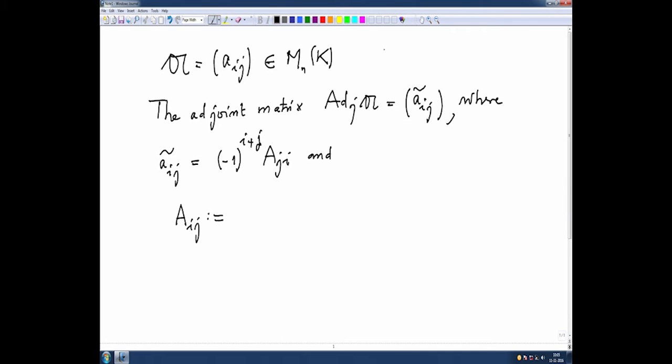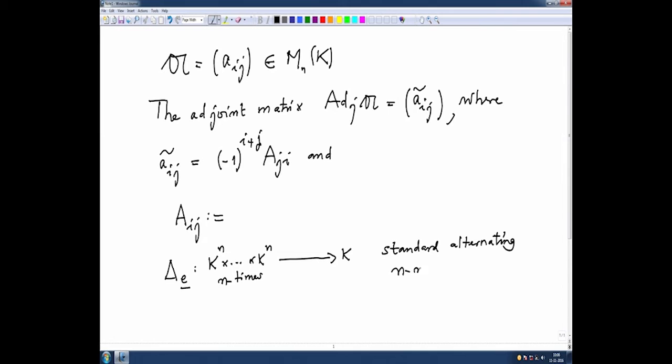We have delta E, the standard determinant function on k power n, the standard alternating n-multilinear form on k power n.